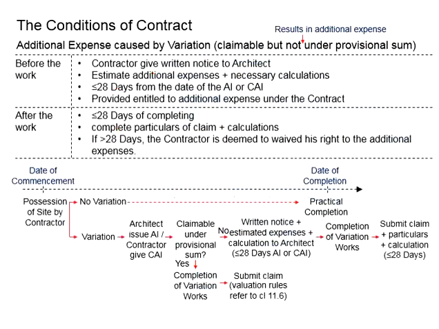Another type of variations is when it is claimable but not under the provisional sum. This will be the additional expenses to the contract. The reason being that there are additional scope of work which was not initially known during formation of the contract. In this case, this will be totally new expenses to the employer.